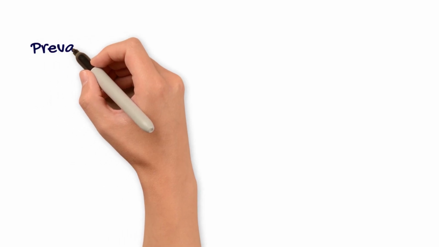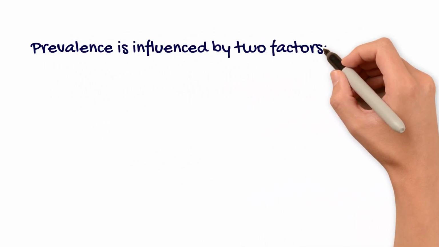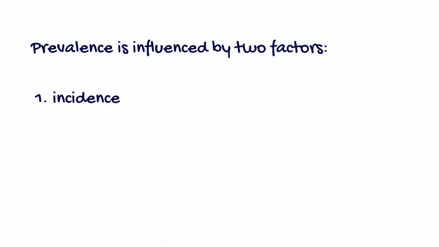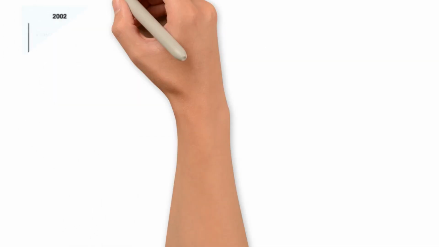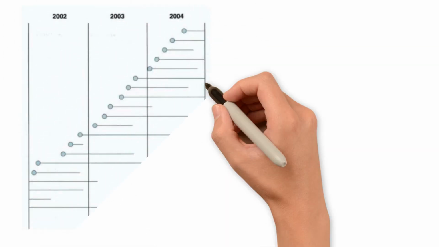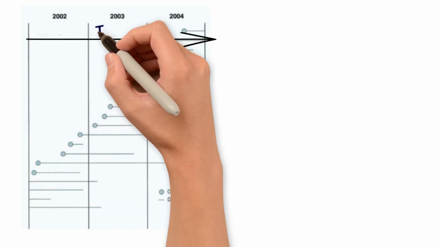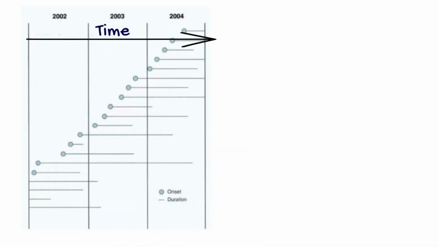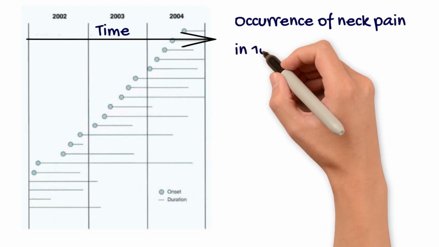Prevalence is influenced by several factors, including the incidence and the duration of the disease. This chart helps us understand the relationships among prevalence, incidence, and disease duration. Imagine a study where we study 100 people.